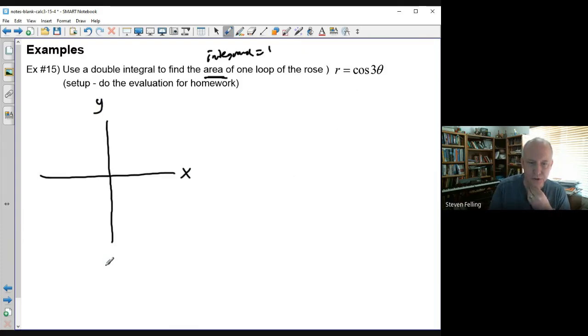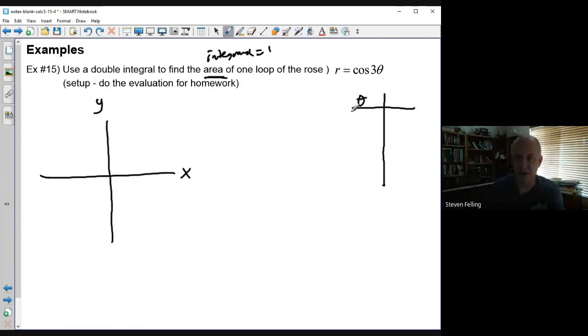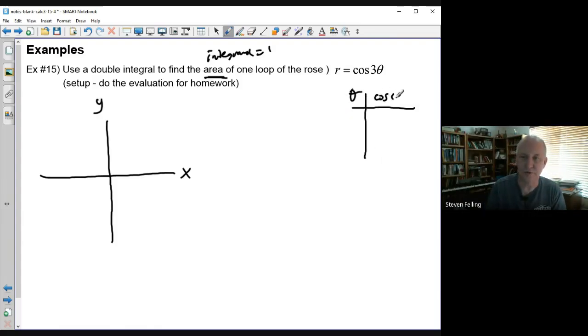Yeah, let's make a little table over here. So at different thetas, what is cosine of 3 times theta? How about like this? Cosine of 3 theta.